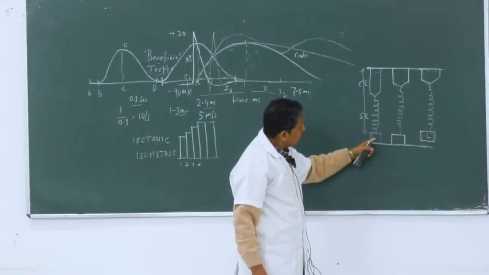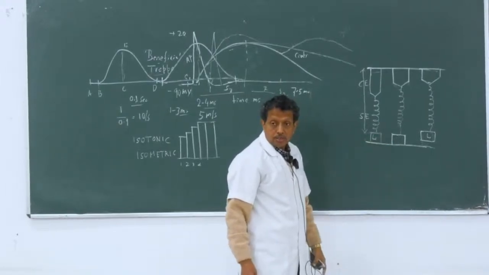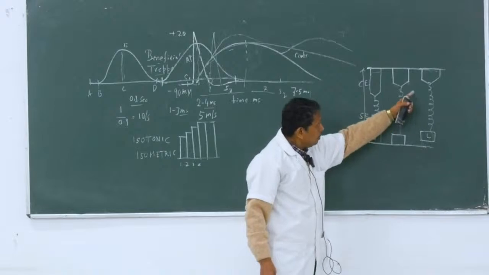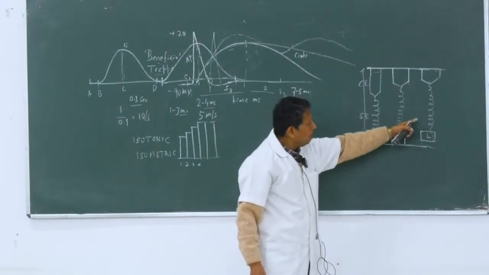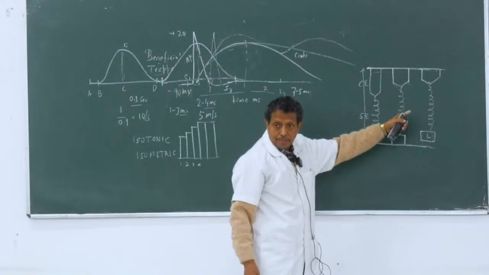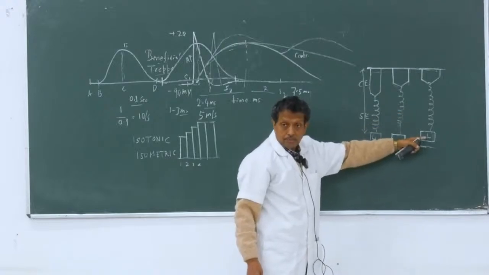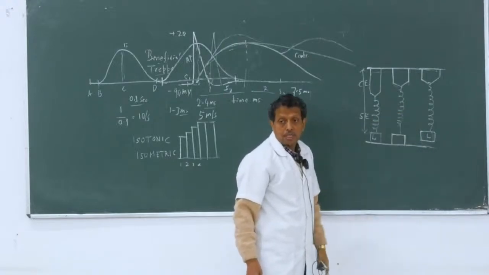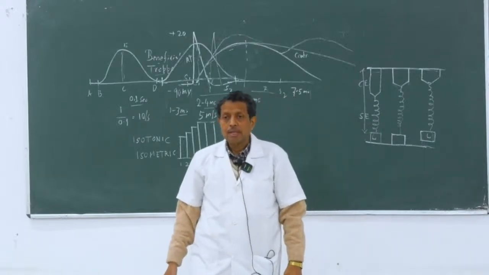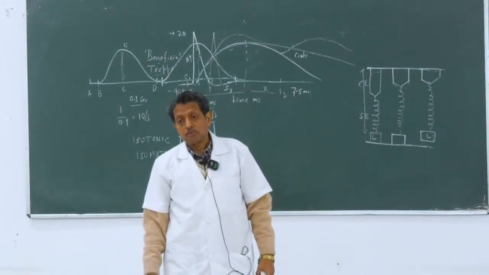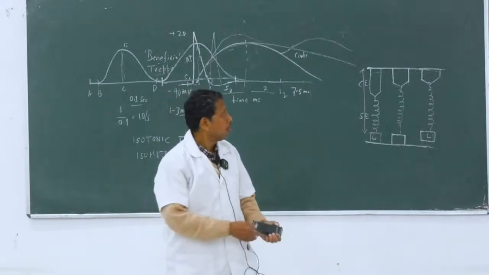Up to this point, it is isometric contraction. But when its strength increases so that the load is lifted, and the load remains constant, it is called isotonic contraction, with approximation of the ends of the muscle. Clear?